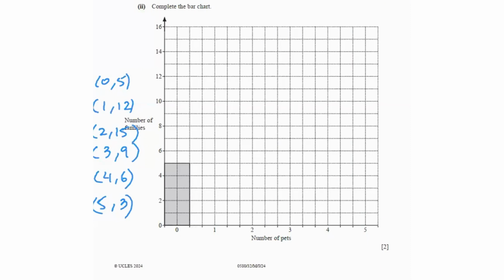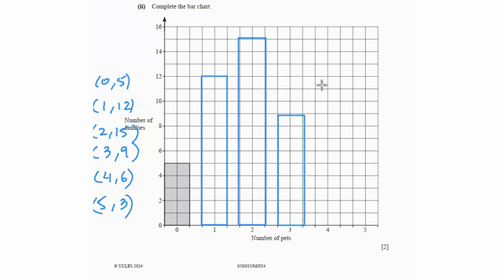So for 1, 12, it's going to be like this. 2, 15 is going to be this. 3, 9 is going to be this. 4, 6 is going to be this, and 5, 3 is going to be this one. That is your bar chart.